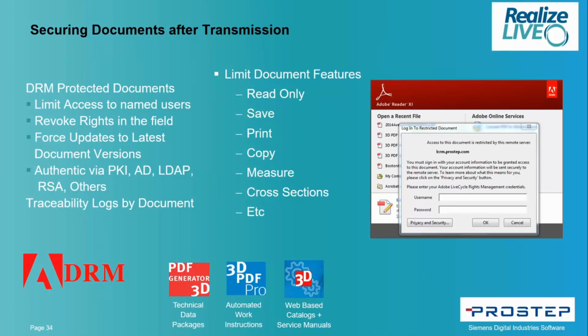So with our products, our 3D PDF generator, which also generates HTML5, 3D PDF Pro, which is an enhanced tool that allows you visualization, and then also our integrated product catalog, which now can provide this information in HTML5 for parts catalogs or service manuals.